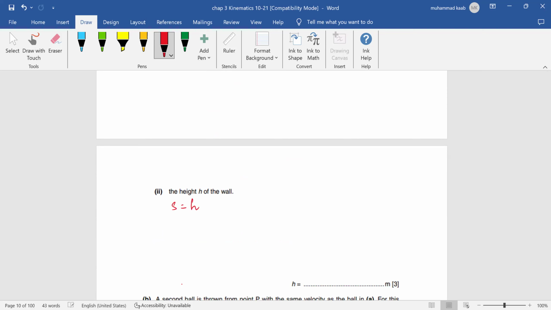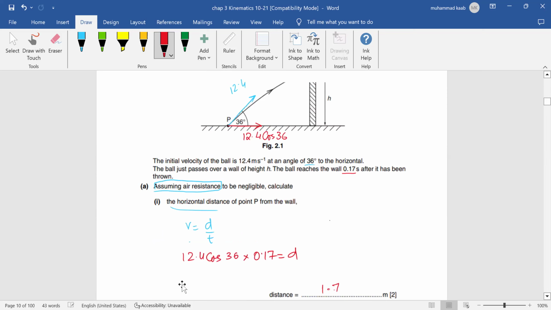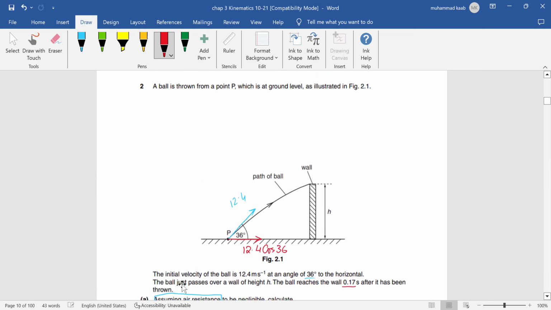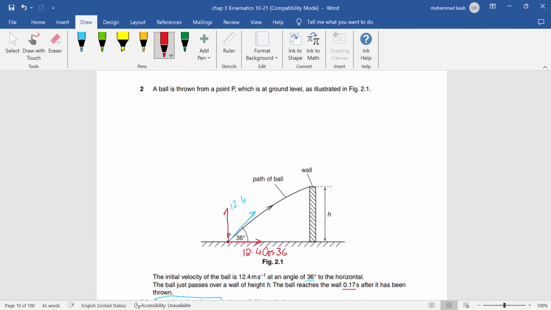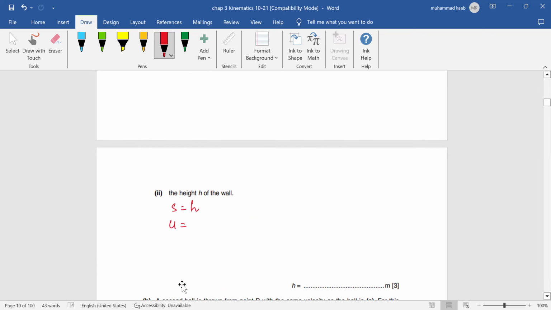Initial velocity, what is the initial vertical velocity, Gulmina? V sin theta. Perfect. So 12.4 sin 36. We have that vertical velocity, 12.4 sin 36.